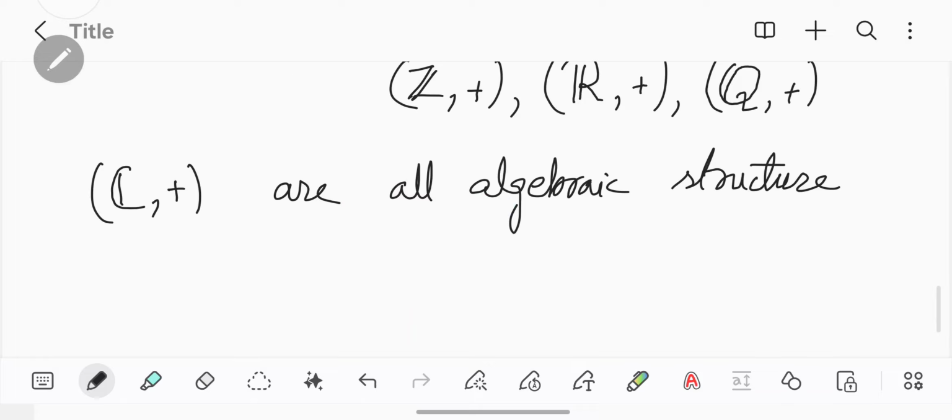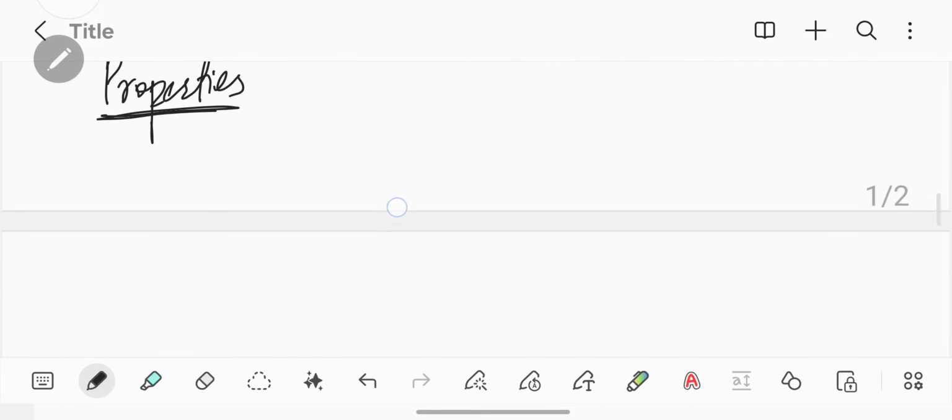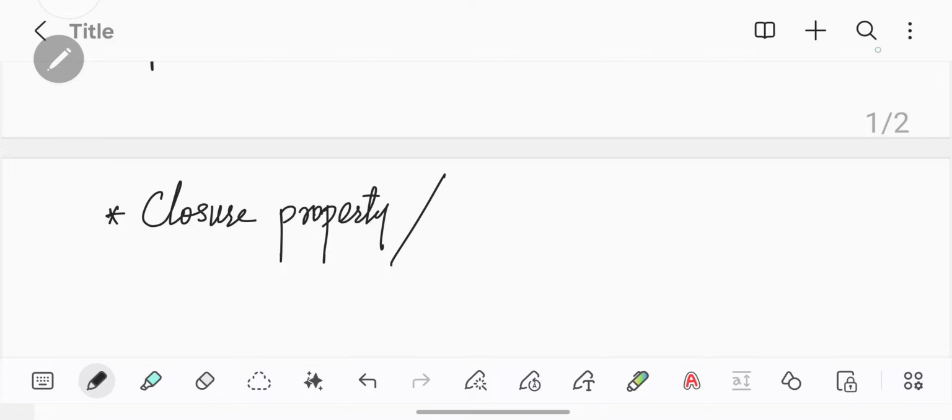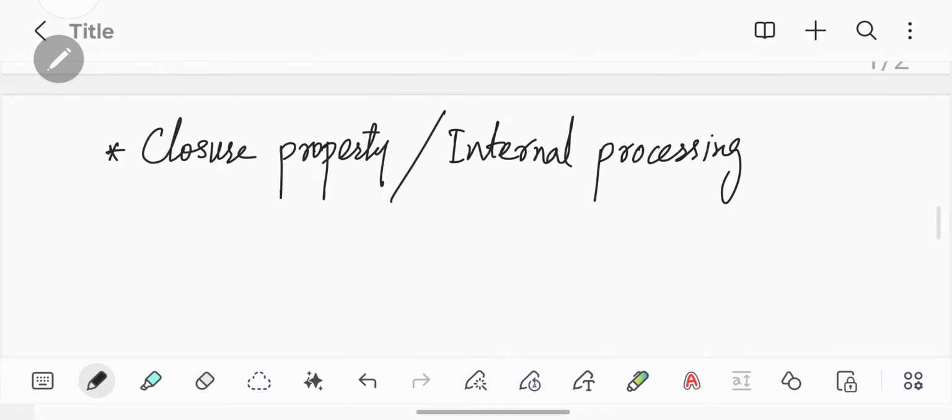We will study those properties which are common in all of these algebraic structures, and we will name those properties. The very first property is the closure property. Some people call it internal processing. So what is this property?